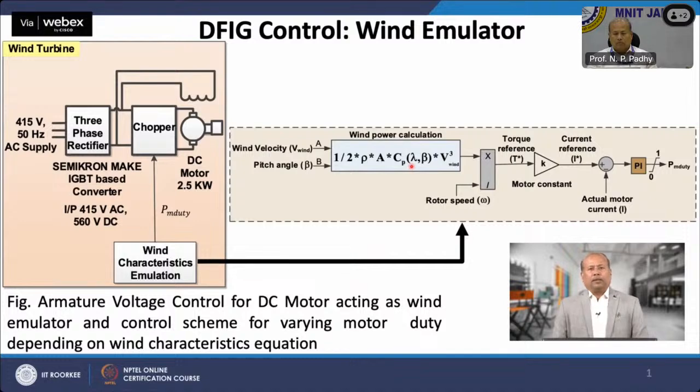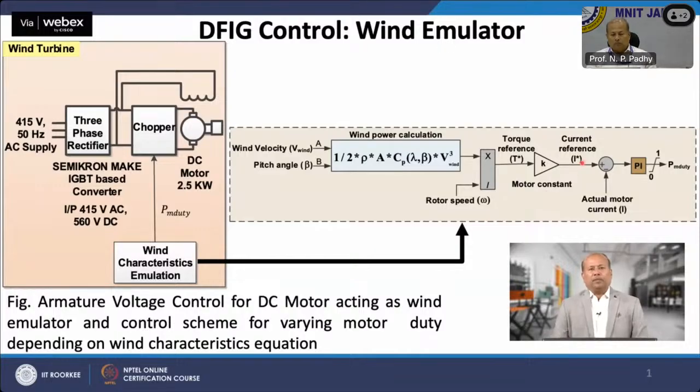Further, the wind power is divided with the measured speed of the rotor to generate the reference torque. The motor reference current is obtained by multiplying the torque reference with the motor constant of value K, which is equal to 4.16 in our case.